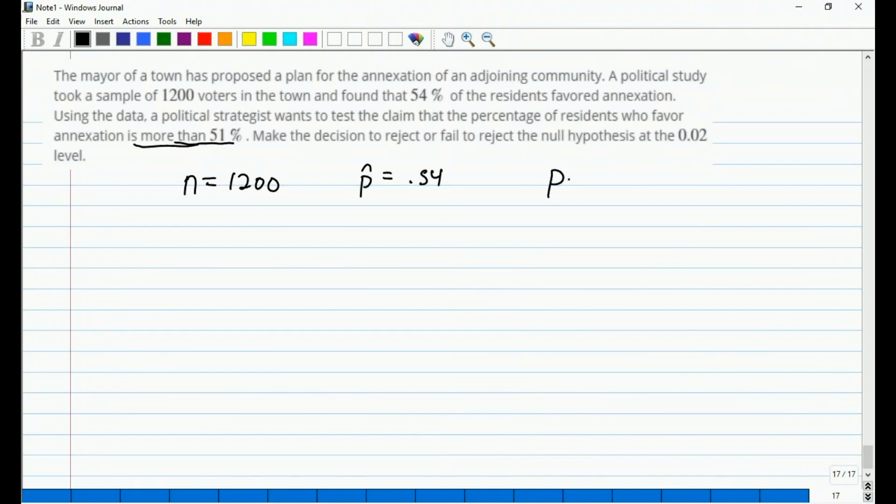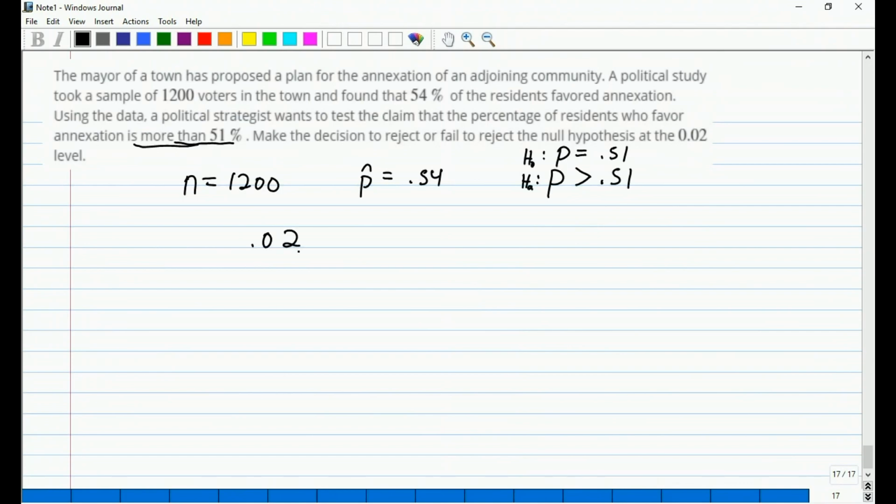So first I would say p is more than 0.51. Then the opposite of that is p less than or equal to 0.51. From the equality, that's going to be p equal to 0.51. This is my null hypothesis, this is my alternate hypothesis, and this one disappears. Make the decision to reject or fail to reject the null hypothesis at the 0.02 level.